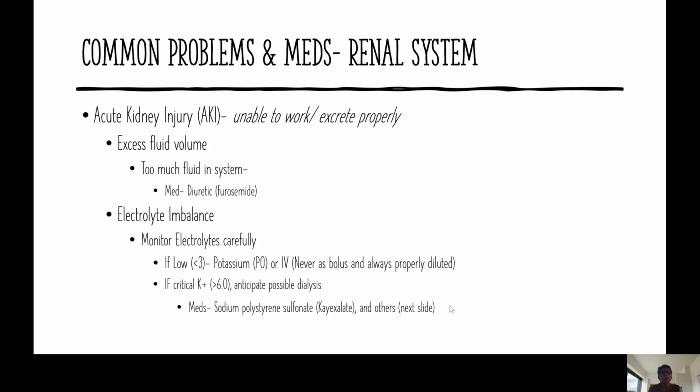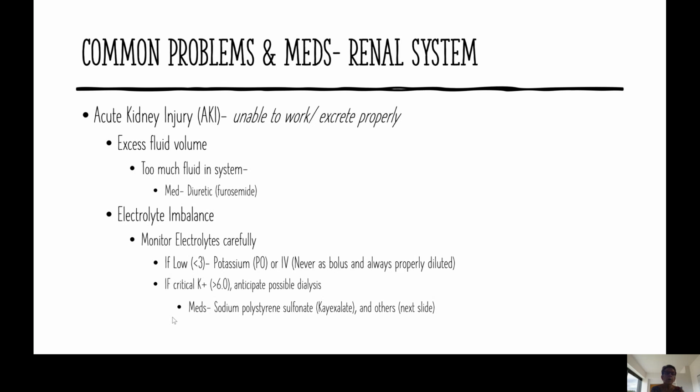So that fluid volume backs up, and you start getting the puffiness, fluid volume excess, and as a result, oftentimes you need a diuretic to help get some of that out of your system, because if you have too much fluid, it can back up into your lungs and you can start hearing crackles in the lungs. So to help with that and to sort of goose the kidneys a little bit, sometimes they'll give you a little bit of a diuretic, like a loop diuretic, furosemide.